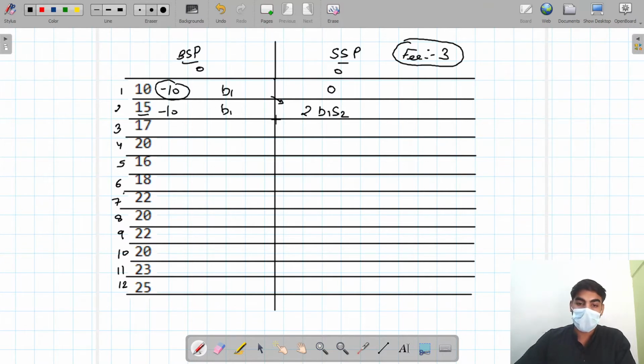Let's see for this one. We have to hold one stock mandatorily, so we have two options: buy a new one, or take the older as it is. If we buy today, we have 2 rupees and the price is 17. 17 minus 2 is 15.